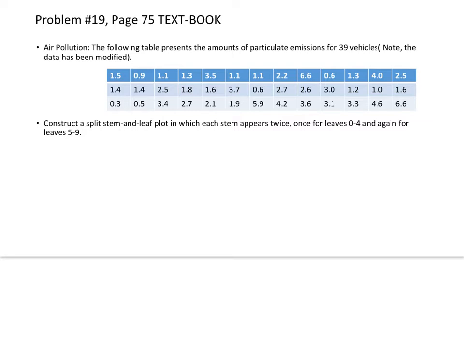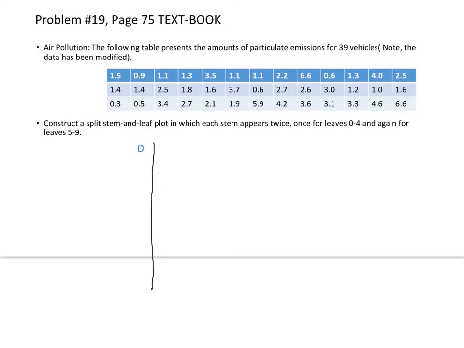So the first step in a stem and leaf plot, of course, is to draw a line. My line isn't very good. And then the next step is to put the numbers down for the stem part. So I'm going to do that.